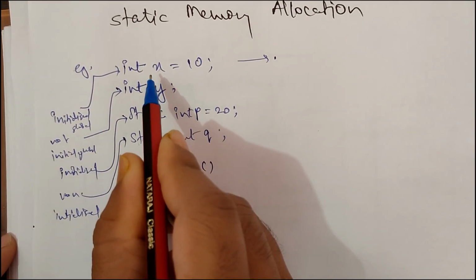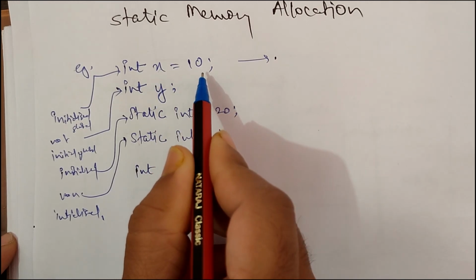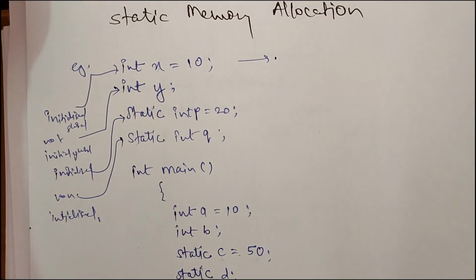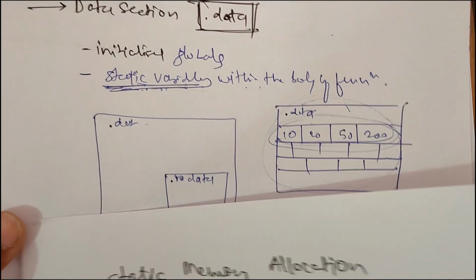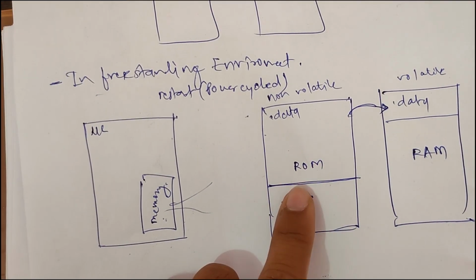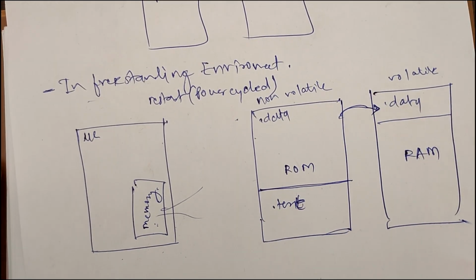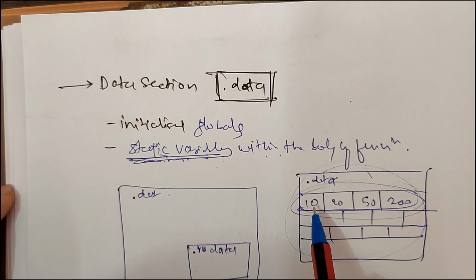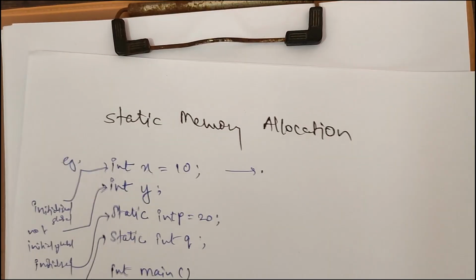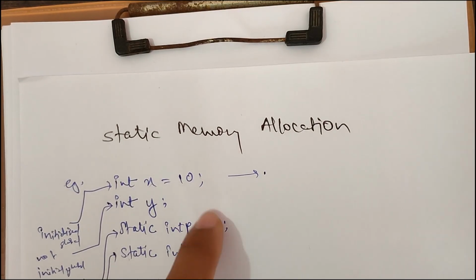So this value, int x is equal to 10, I have stored in the data section here, in the ROM section. But what if I want to change that value? What if I want to change this x is equal to 10 to x is equal to 20 or something?